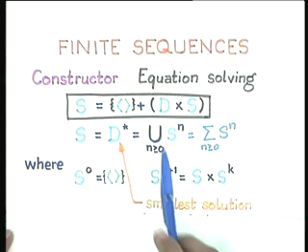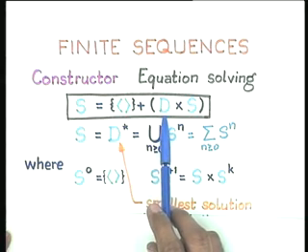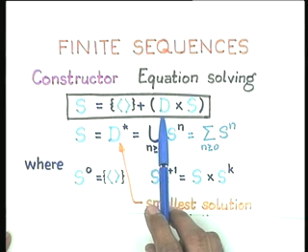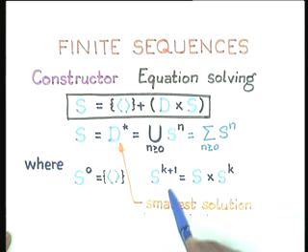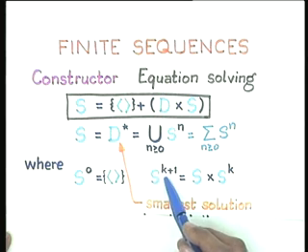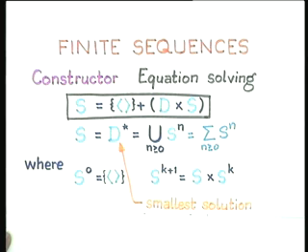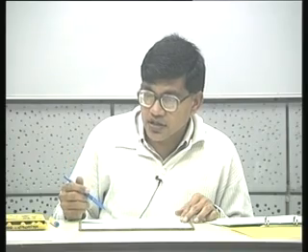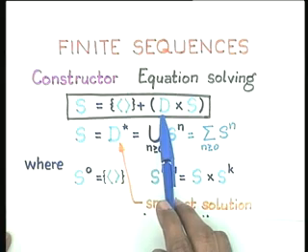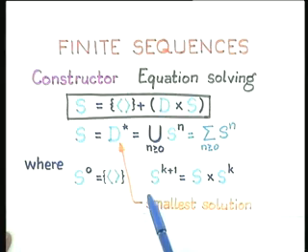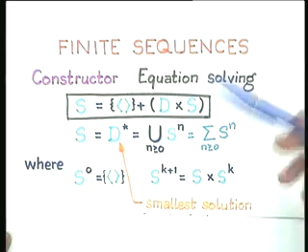And it is actually the construction of ordered pairs. S k plus 1 is an ordered pair consisting of 2 elements. The first element is an element of D and the second element is an element of S k. That is the way you should look at it.